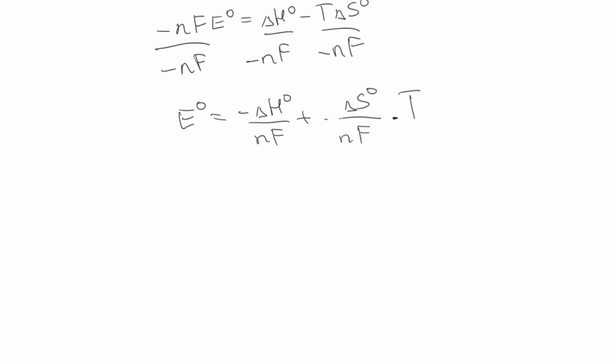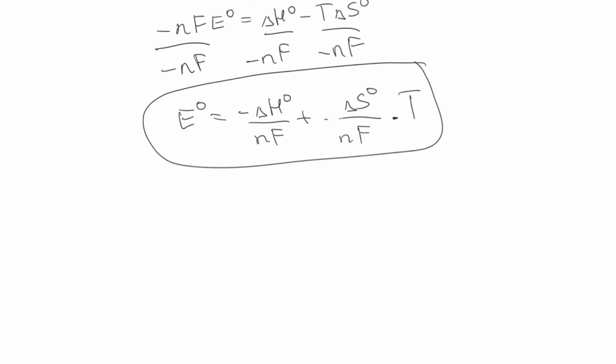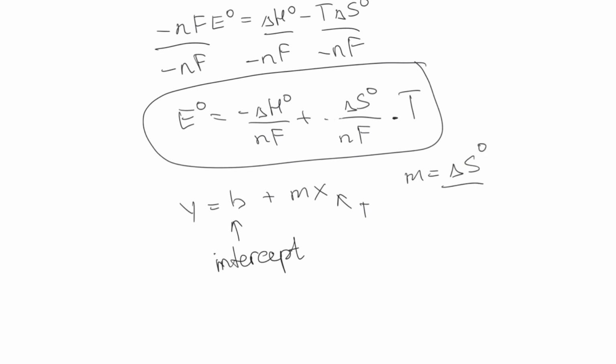From this equation, we can see that E is equal to y, negative delta H over nF is equal to b, the intercept, plus mx. Our x, as I said before, is the temperature, and our m, the slope, is equal to delta S over nF. So now we can find delta H and delta S from the intercept and the slope.